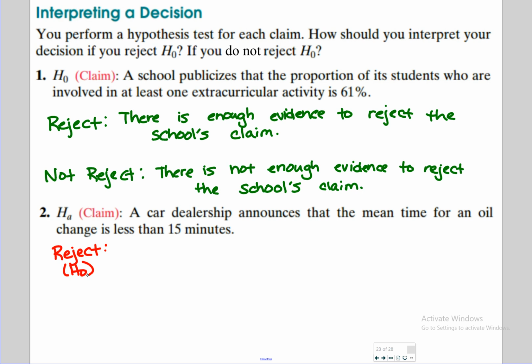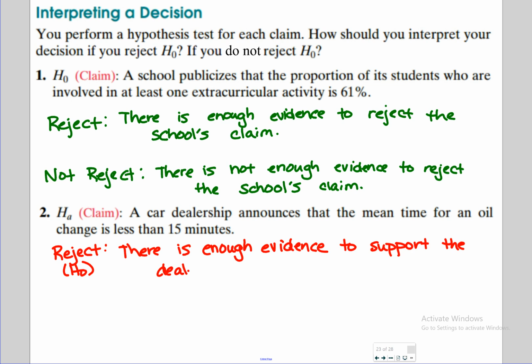If we're saying it's not greater than or equal to, we have enough evidence to support this opposite statement that's being made. So we say there is enough evidence to support the dealership's claim.